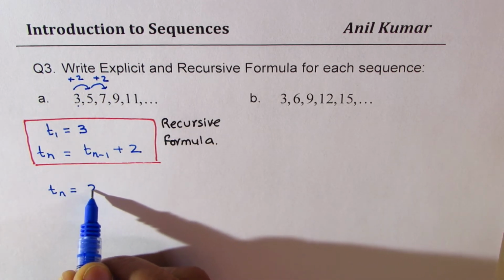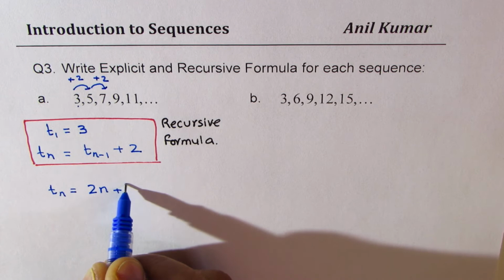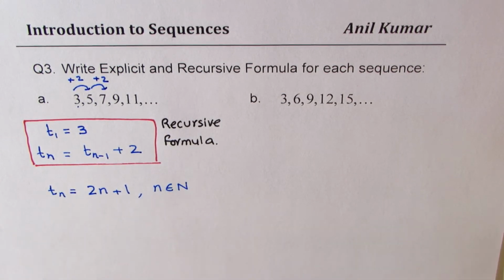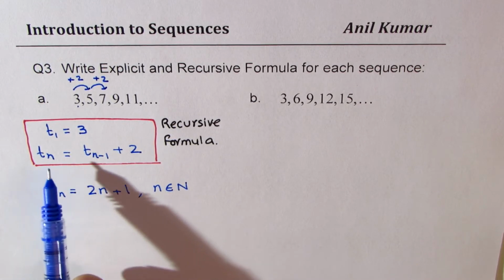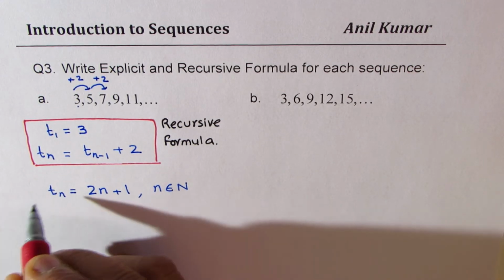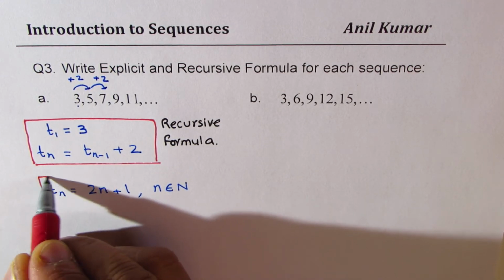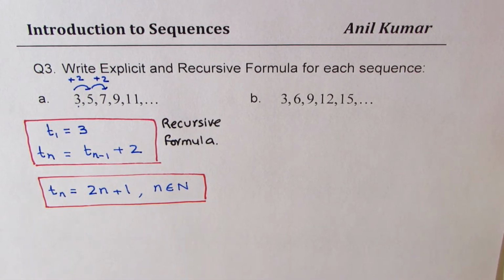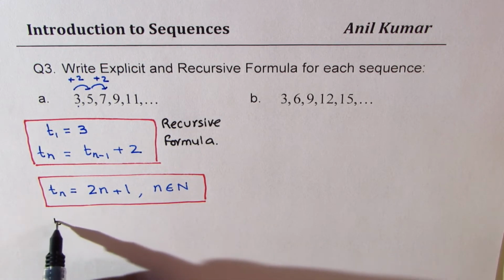So we could write this as 2n plus 1, where n belongs to set of natural numbers, right? So in all our cases, n belongs to set of natural numbers is kind of common. So when I write this as Tn equals 2n plus 1, where n belongs to natural numbers, it becomes explicit formula.